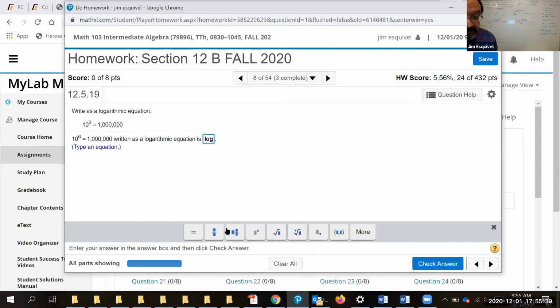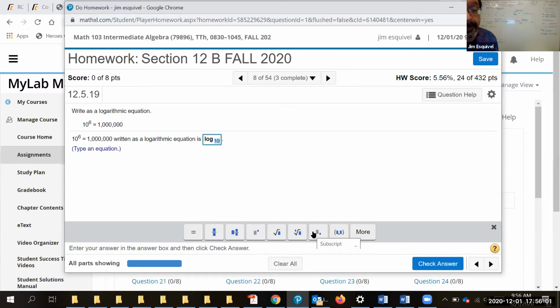Well, look at your toolbar. This is superscript, which gives you an exponent. But if you go a few more down, here is the subscript, log base 10.